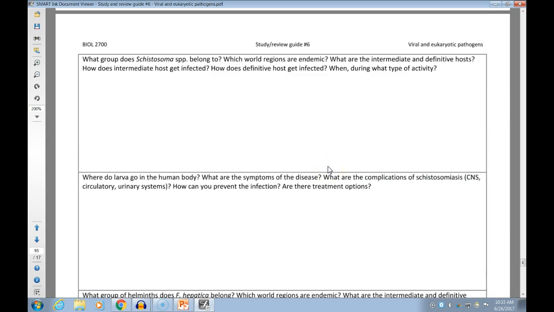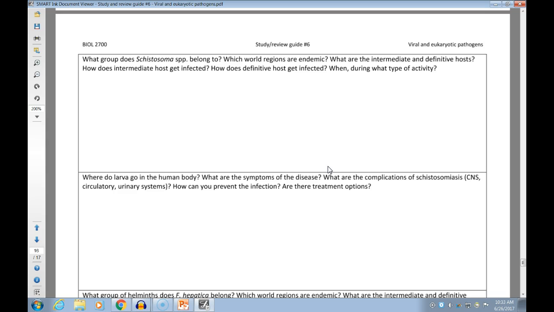Schistosoma, fluke, blood fluke. Regions: South America and Africa, Southeast Asia too. Intermediate hosts, snails. Definitive hosts, humans. Intermediate host gets infected by getting the eggs from the environment. Definitive host gets infected, remember, by swimming in the water.